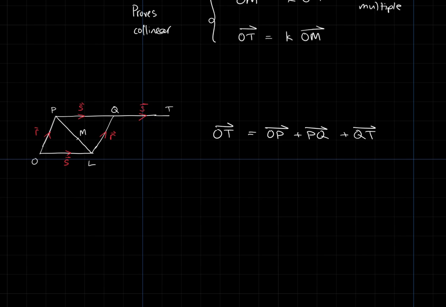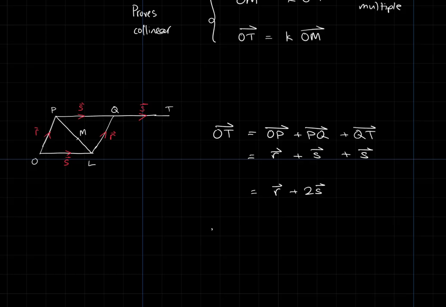Okay, and what is OP? OP is the same thing as R, PQ is the same thing as S, QT is the same thing as S. So that is R plus 2S. That's what OT is.